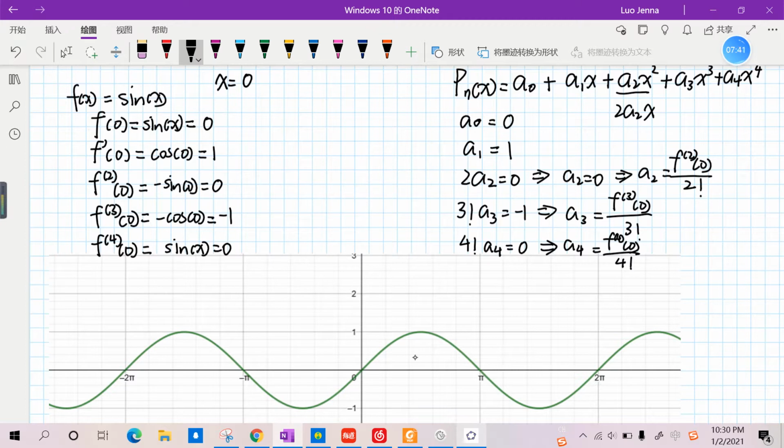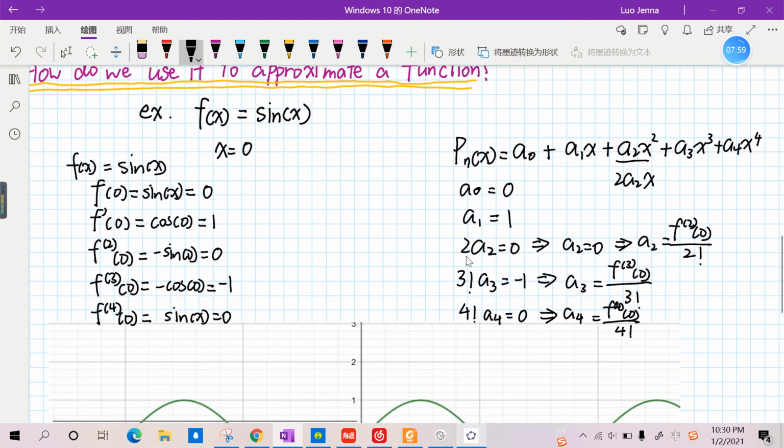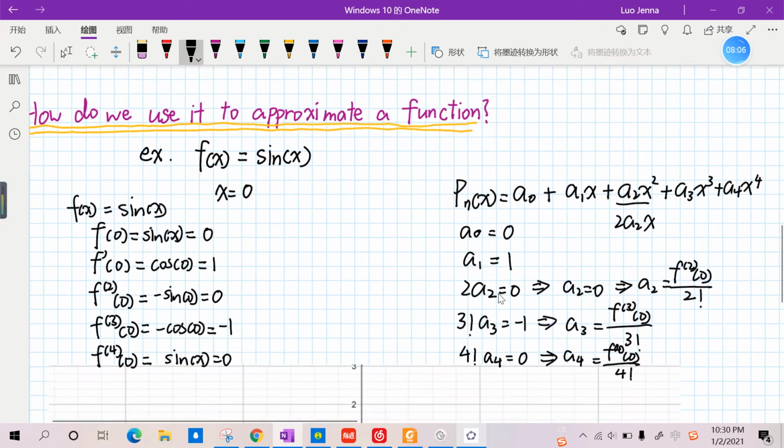So when we do the derivative of sine x again and again, we just want to make P(x) fit sine x better and better. And in this process, we can see why there is an nth factorial, because we take the derivative of P(x) again and again.